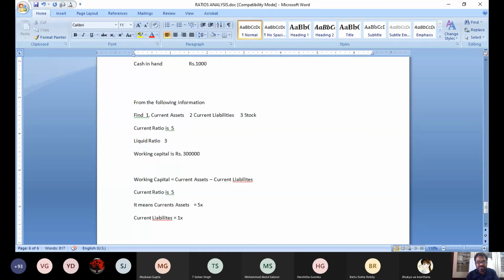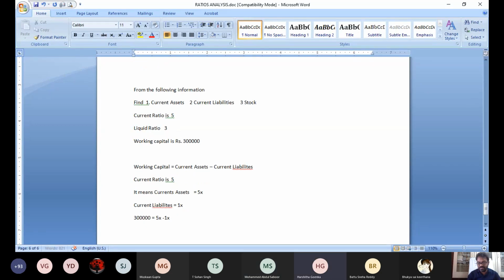It means the working capital we have, 3 lakhs, is 5x minus 1x. Correct? Correct, sir. So therefore 3 lakhs is equal to 4x.